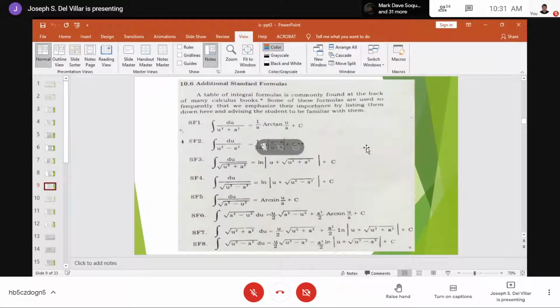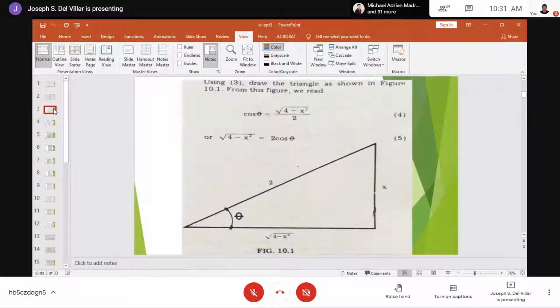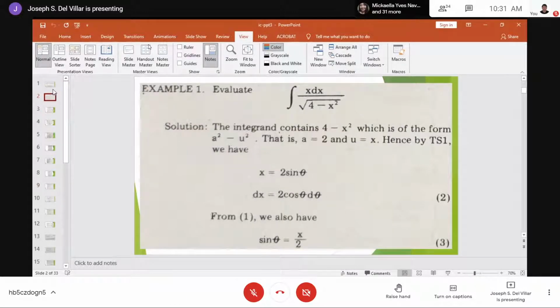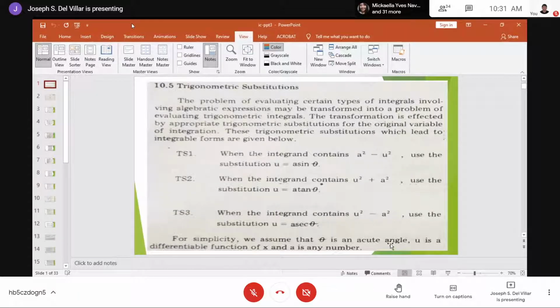Ito pa yung ibang formula. Du over u squared minus a squared. I think that's the third formula. Ito, u squared minus a squared. So, use the substitution u is equal to a secant theta.